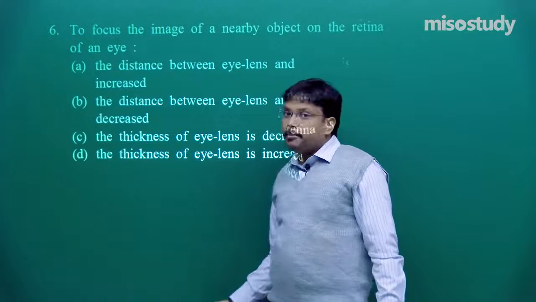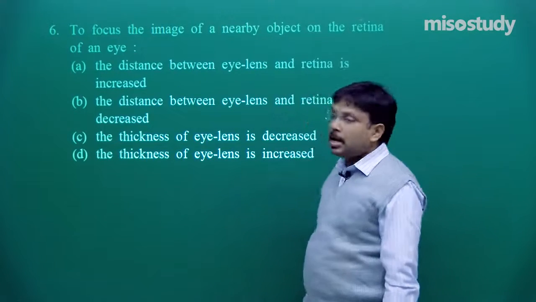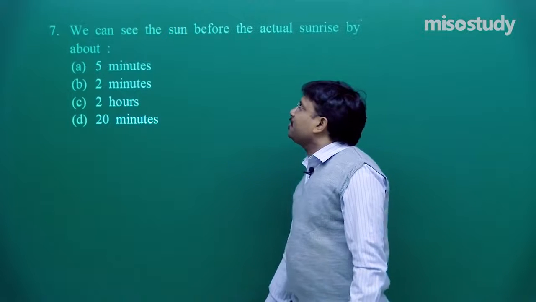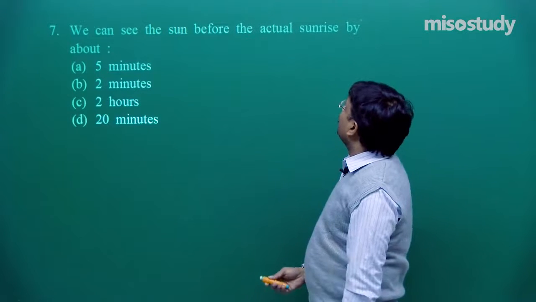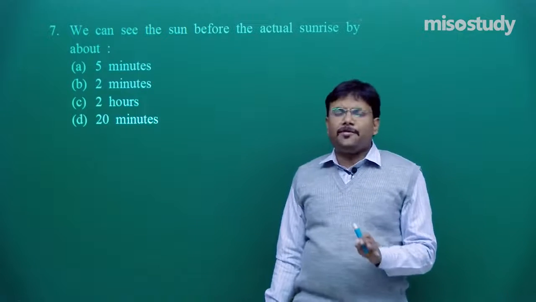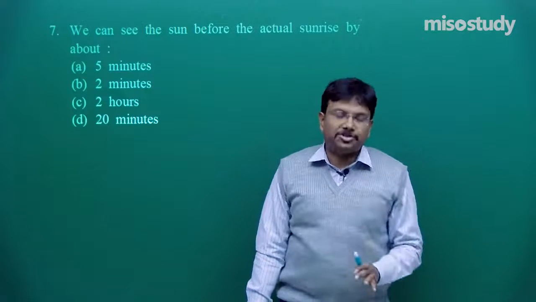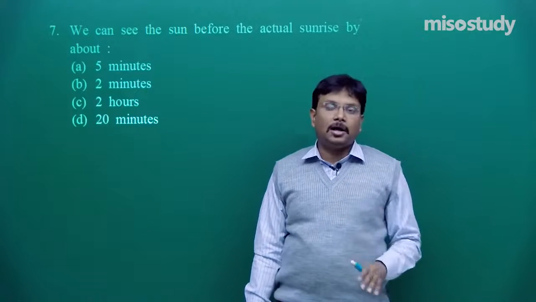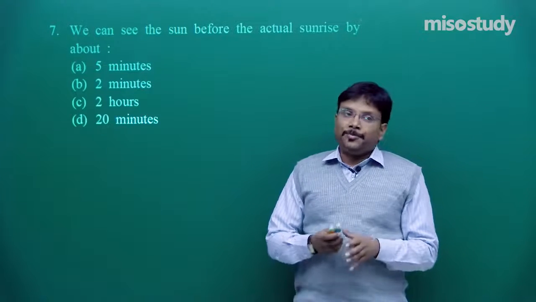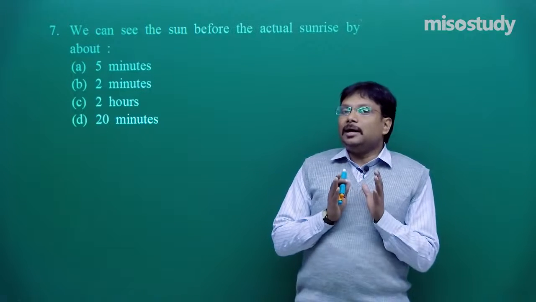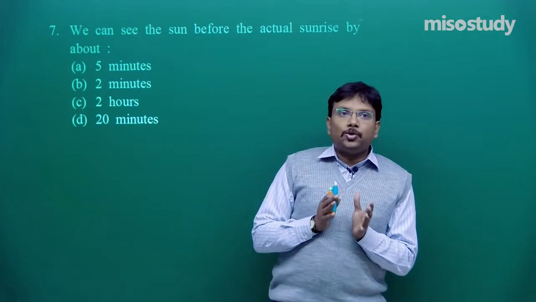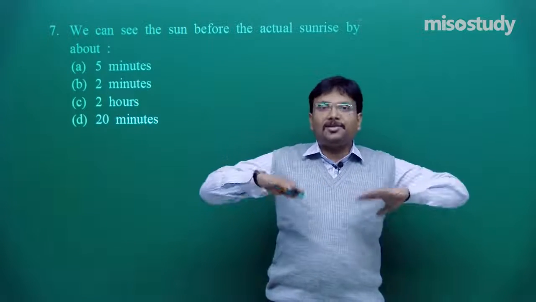Then question number 7. In question number 7, we can see the sun before the actual sunrise by about. Here very specifically I explained, I mentioned not once but twice and thrice during the explanation of the topic of scattering, that there is an actual delay in sunset and an actual advance in sunrise.